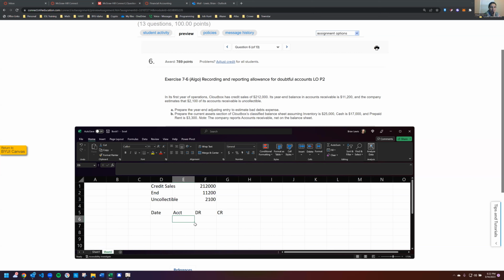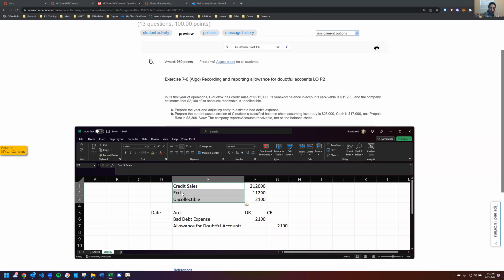So I would assume that the bad debt expense is going to be the 2,100, and that's going to go to allowance for doubtful accounts. That's going to be 2,100. That's what I would assume without any other information. And this will be at the year end, so you'll be like 12/31.